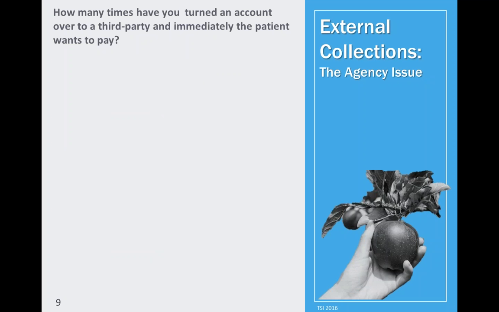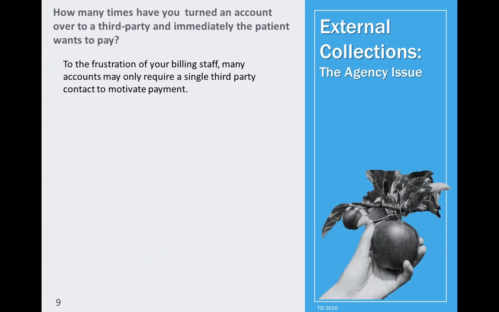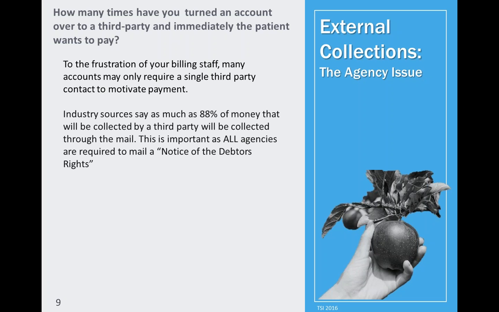The next agency issue, and to the frustration of your billing staff, is that many accounts may only require a single third-party contact to motivate payment. I know many of you have turned accounts over to a third-party agency, and immediately the patient all of a sudden wants to pay the practice. Now, industry sources say as much as 88% of the money that will be collected by a third party will be collected through the mail.